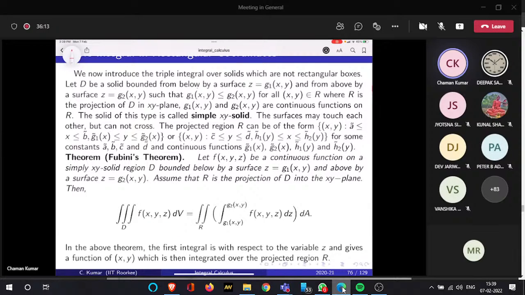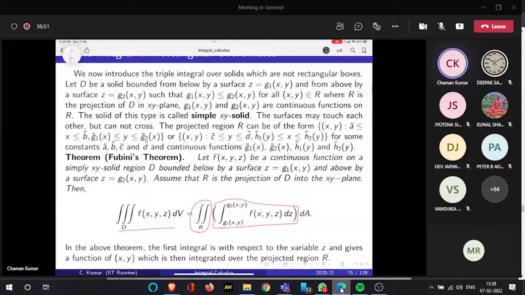Okay, so if these conditions are satisfied, then the triple integral over the domain D can be expressed as the double integral over the region R of the function which is the integration of f over the limits g1 to g2 with respect to the variable z.